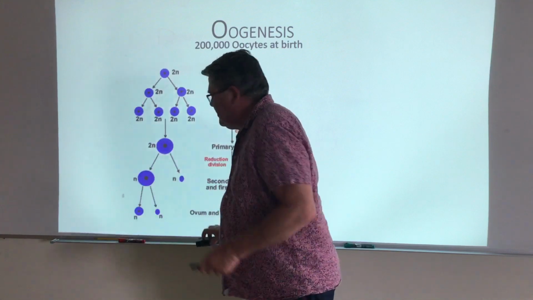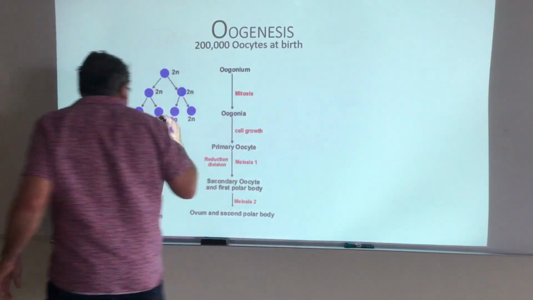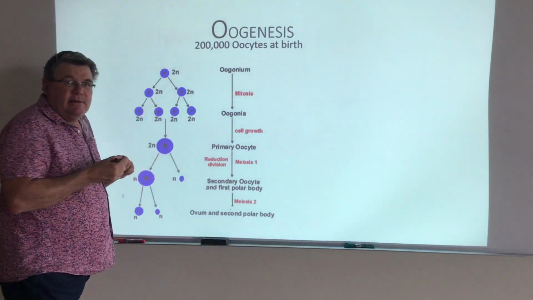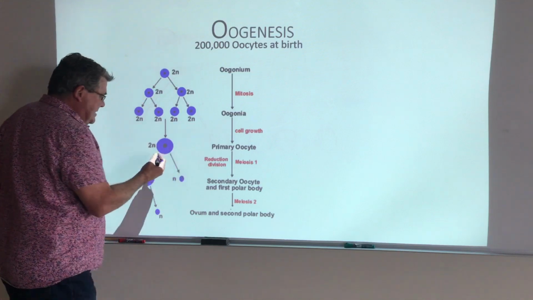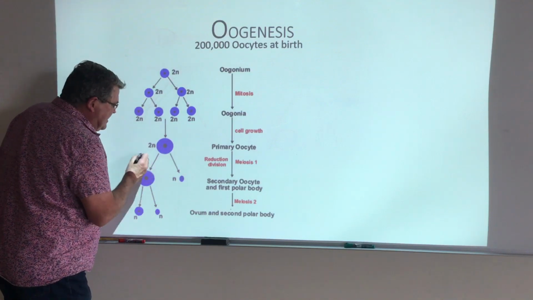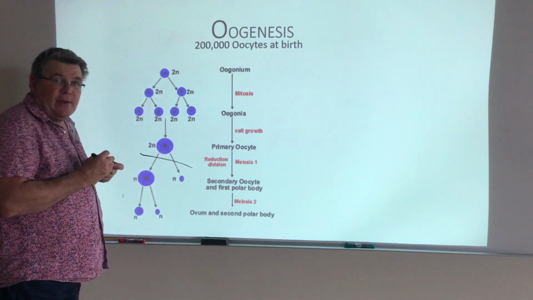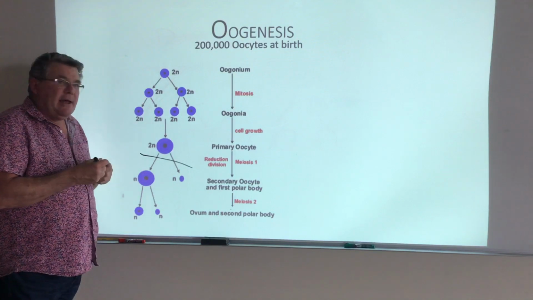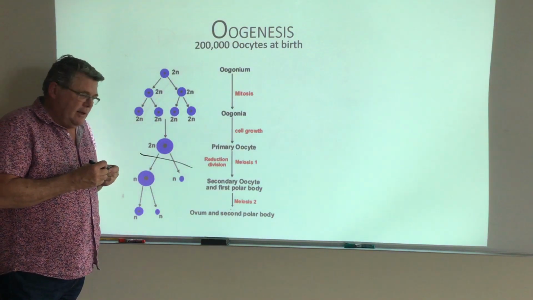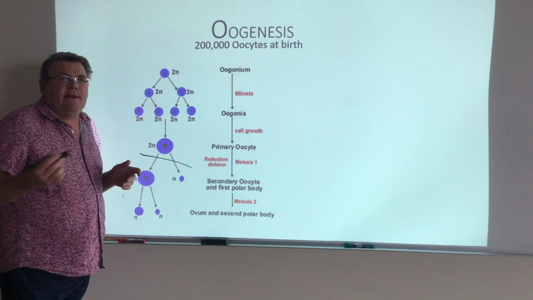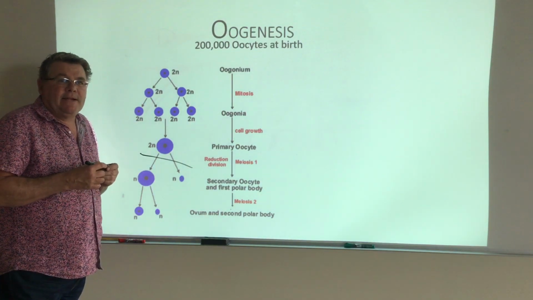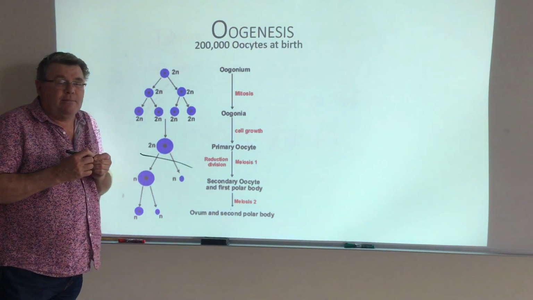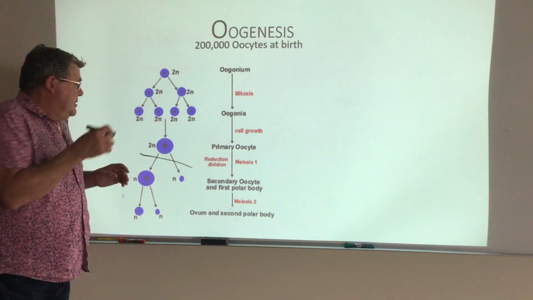So you might go, okay, well, that seems like I can get it. I have another twist to throw at you, and it's this. Maybe some of you have heard, oh yeah, you know, every female is born with about 200,000 eggs. That's wrong. She's not born with any eggs.